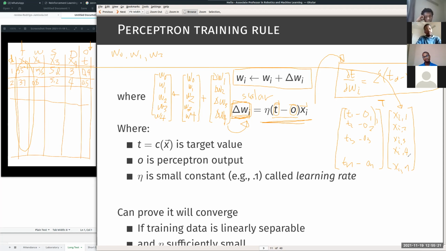Any questions? Now that we learned how we update to search for the optimal value of weights for the perceptron training rule, all we need to do is change the activation function. If the activation function is changed, then we can also compute the optimal value of the weights.